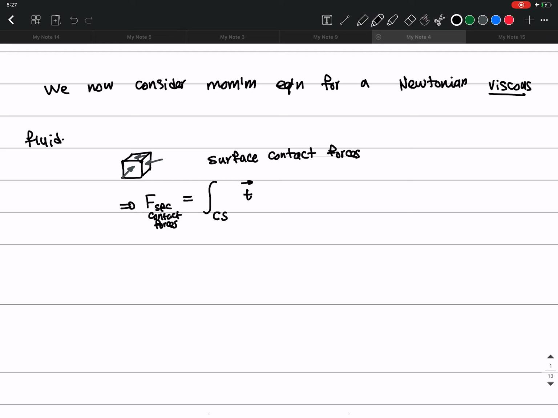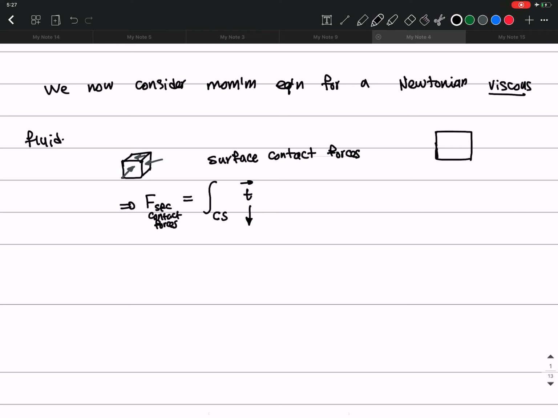These are the contact forces, so this is the stress vector at any point on that particle.